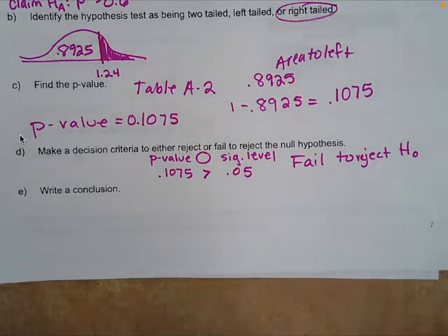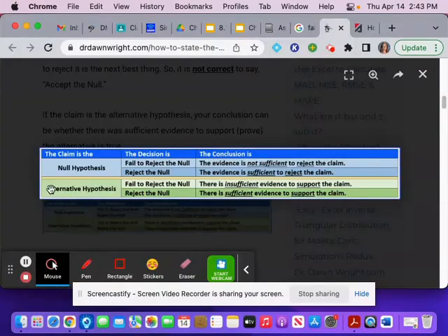And we want to write about the claim, which is our alternative. So I'm going to pull that little chart back up so we can look at the alternative hypothesis. So fail to reject is right here. It says there is insufficient evidence to support the claim that P is greater than 0.6.